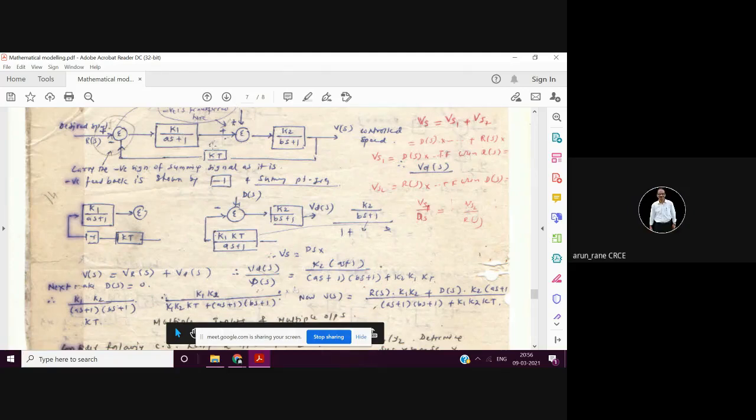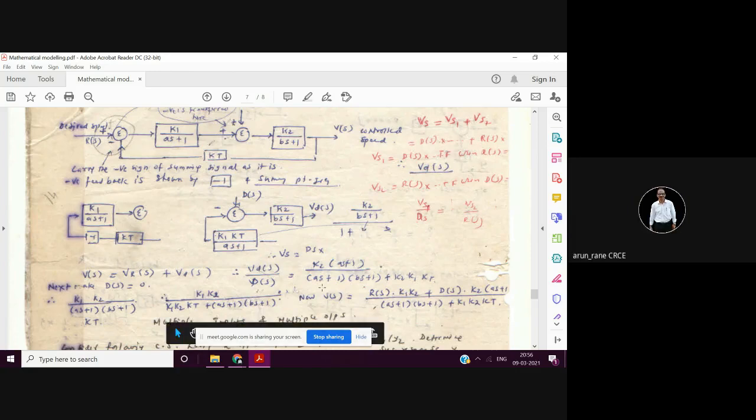Now you have only one block here instead of this, and another block, so this is again two blocks in parallel and negative feedback, so again a upon 1 plus ab, all right. So how will you write here? Here it will be Vs2, that is the output, divided by Rs, is equal to, or you can write this is Rs and you have one transfer function here, and Vs. So Vs2 is equal to Rs into this transfer function you have got.